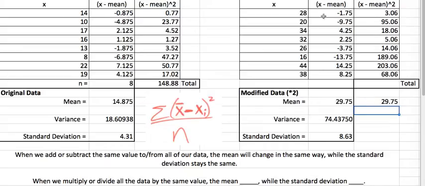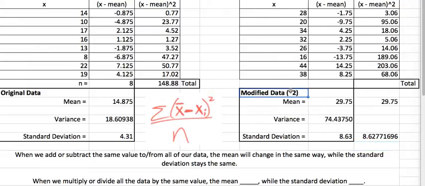And notice my variance has now changed. My standard deviation has now changed. And if you notice, it doesn't apply to the variance, but my standard deviation is multiplied by 2 as well. If I round that to 2 decimals, I'd get 8.63.